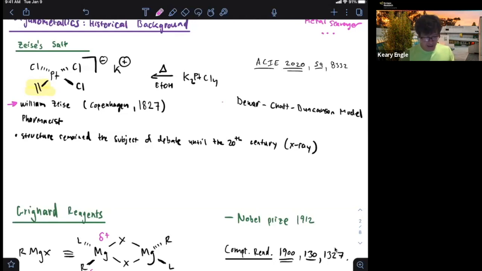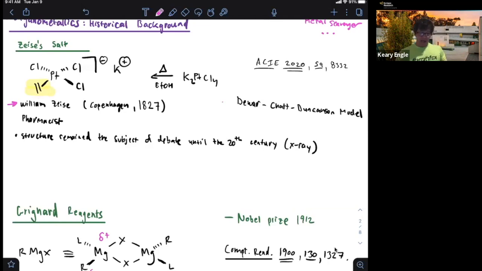And every time I read this, I always think that life as a pharmacist in the 1800s must have been much more exciting than in the 2020s, because every time I go to CVS, I don't see anybody doing organometallic chemistry.